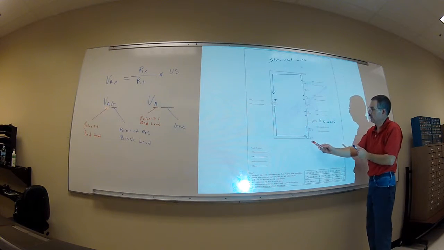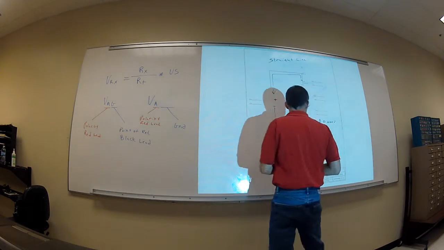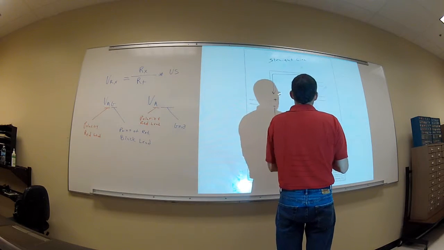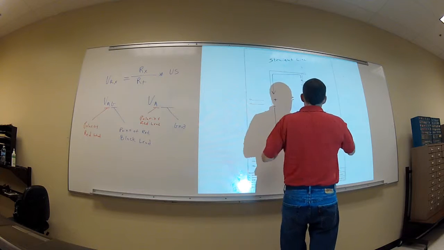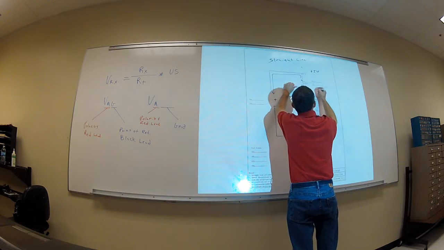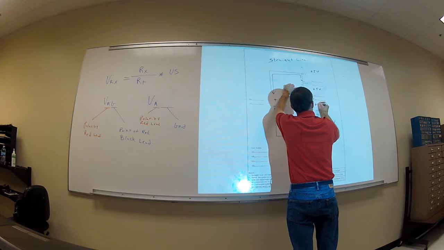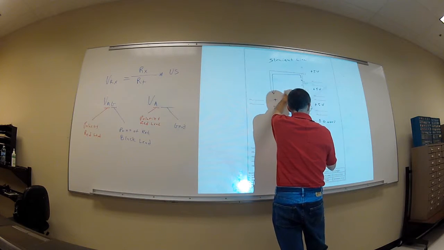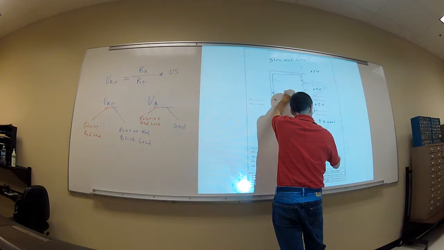I'm just going to throw some arbitrary numbers in here so we can see how this would work. Test point A is going to be plus 5 volts, test point B plus 5 volts, and plus or minus 5 volts.